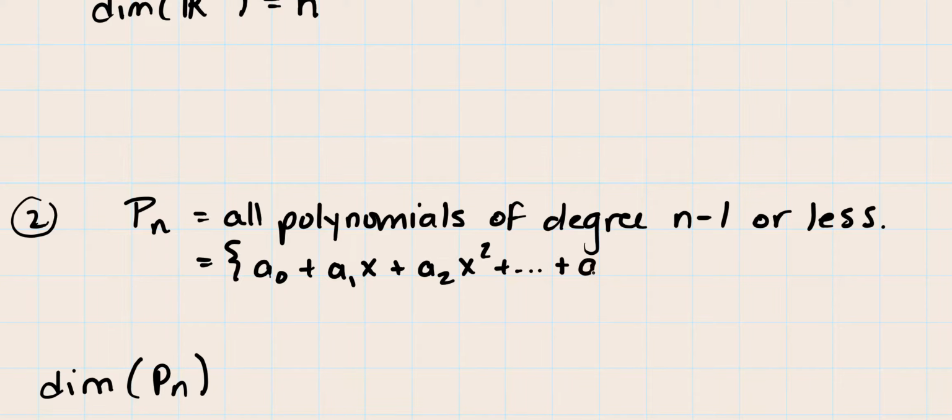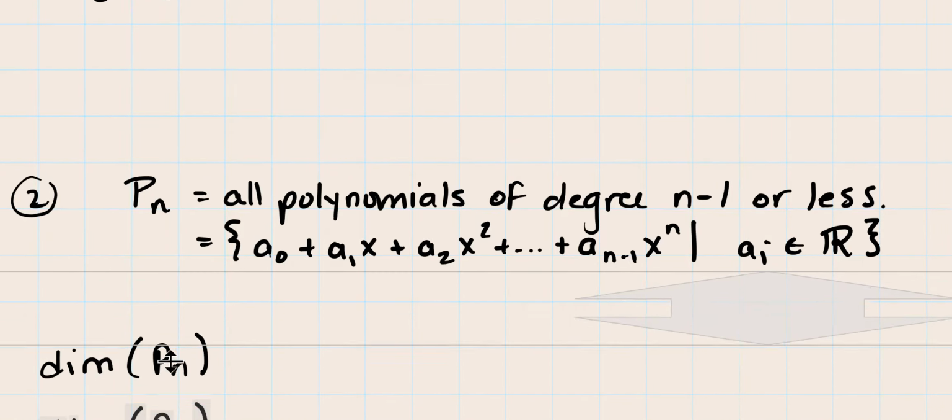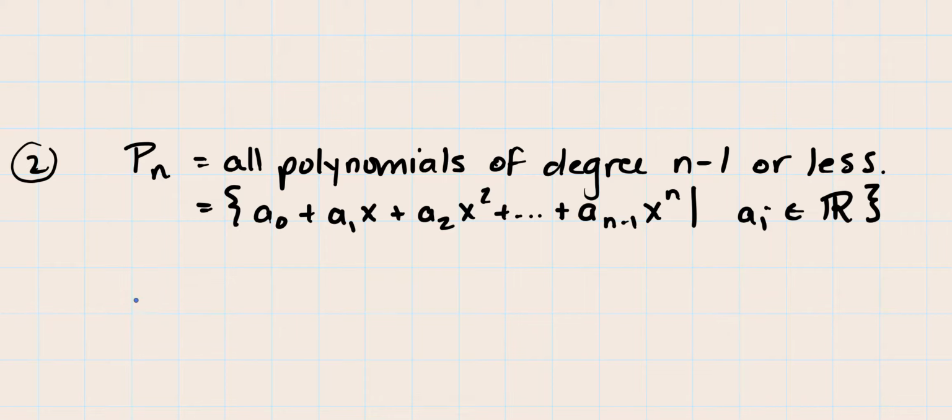This is what the polynomials, when you evaluate them at x, look like. All these ai's belong to the real numbers. And the standard basis for this space, let's also call this B, would be 1, x, x squared, x cubed. Sorry, this should be x to the n minus 1 here.